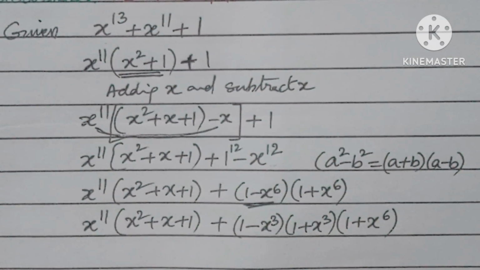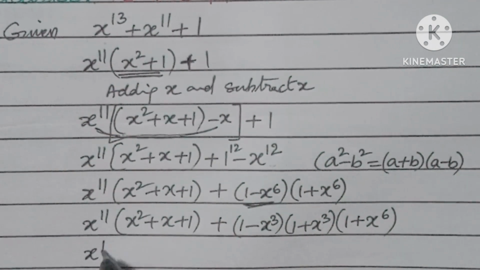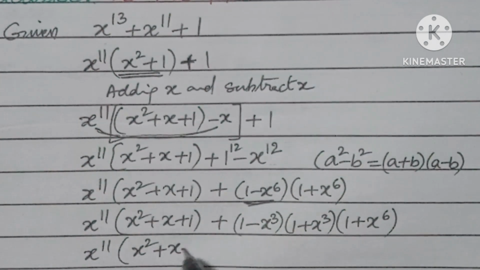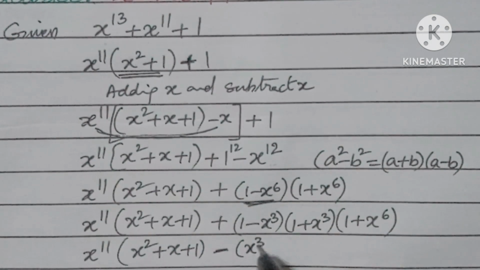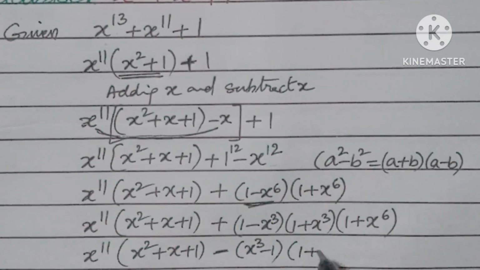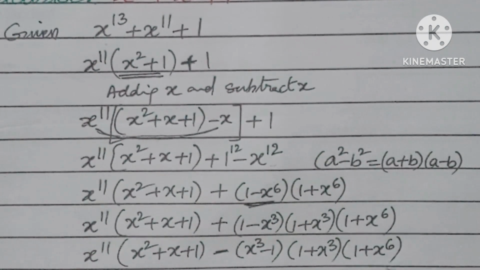So here if you take minus common, x to the power of 11 into x square plus x plus 1 minus, I am taking x common, x minus 1 into 1 plus x cube into 1 plus x to the power of 6.